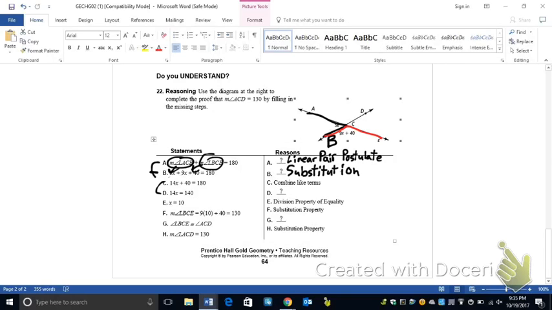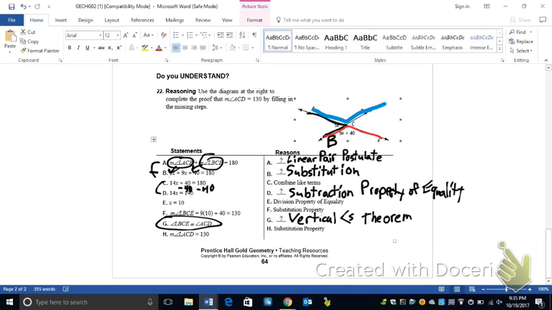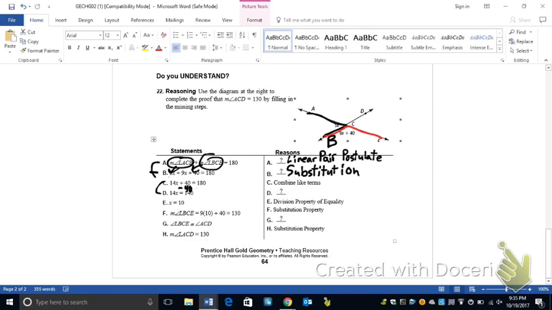But you also notice that on the right-hand side, the 180 went down by 40. So what happened was we subtracted 40 from both sides. And the property that allows us to do that is the subtraction property of equality.